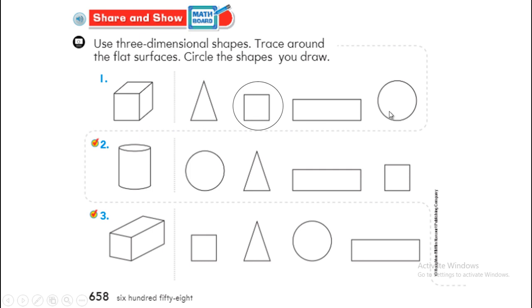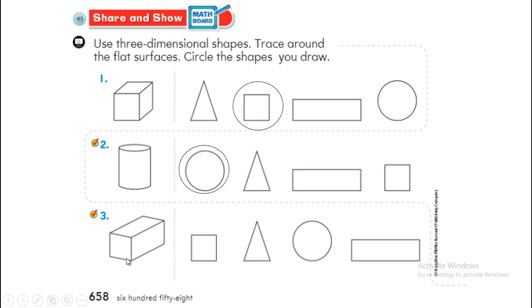Can I find a circle on the cube? No. Can I find a triangle? No. How about this cylinder? What shape can you find on the cylinder? Can I trace from the curved line? Curved surface? No. I have to trace the flat surface. Put it on a piece of paper, trace around it, and you will find that it has a circle shape.